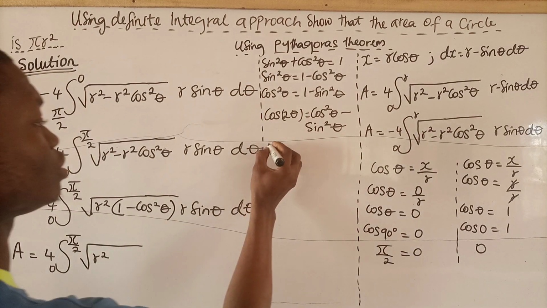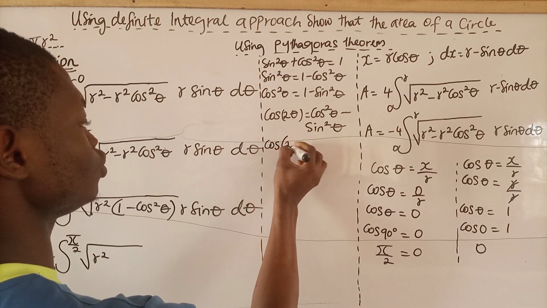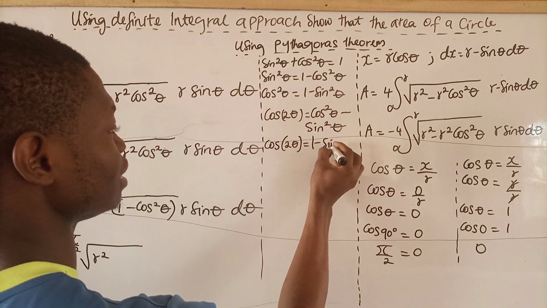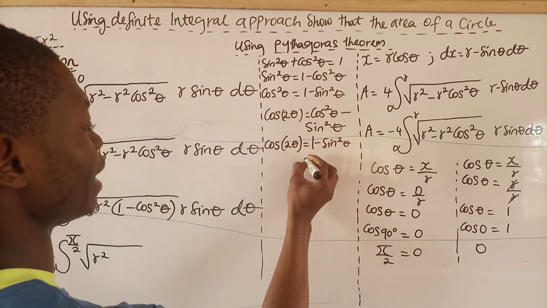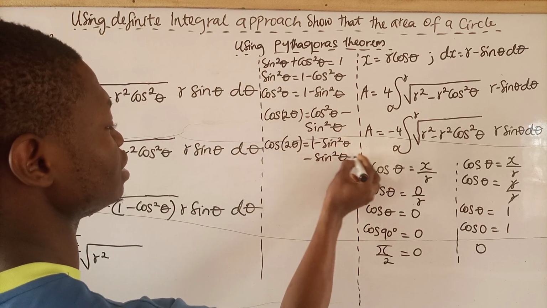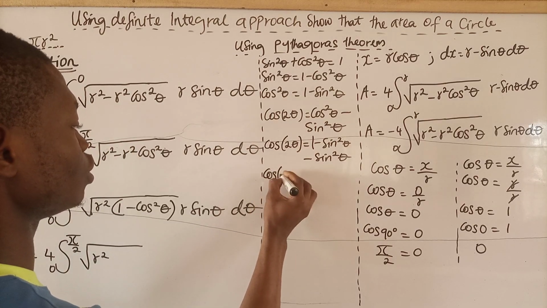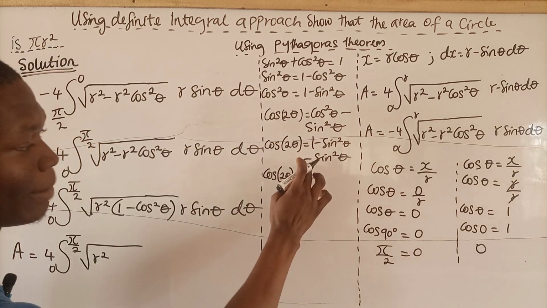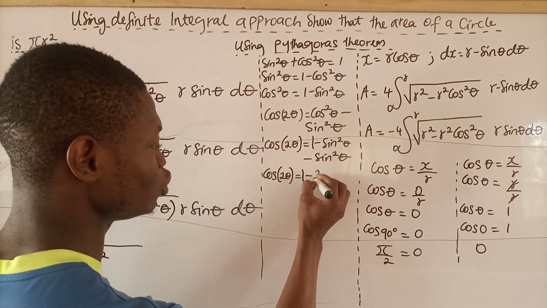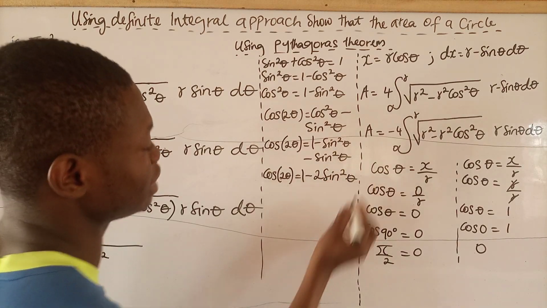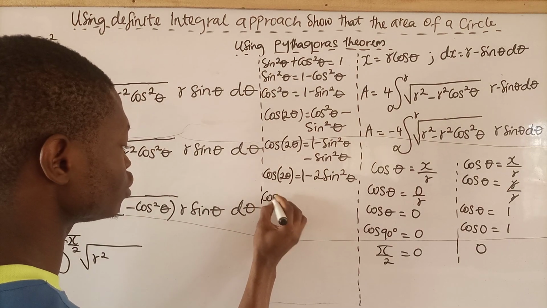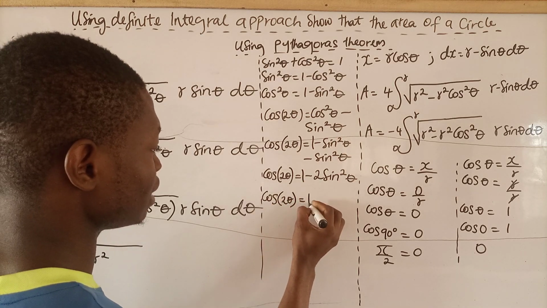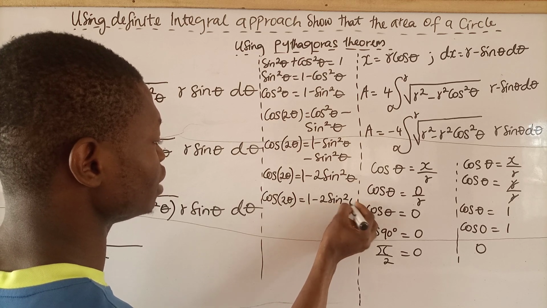So cos 2 theta is equal to, cos squared theta is 1 minus sine squared theta, minus sine squared theta. So cos 2 theta is equal to 1 minus sine squared theta minus sine squared theta, which is minus 2 sine squared theta. So cos 2 theta is equal to 1 minus 2 sine squared theta.